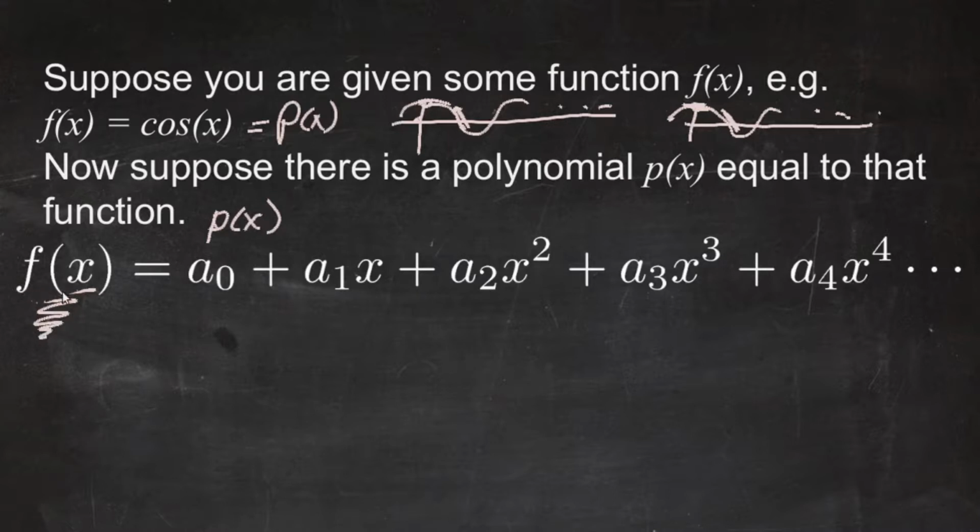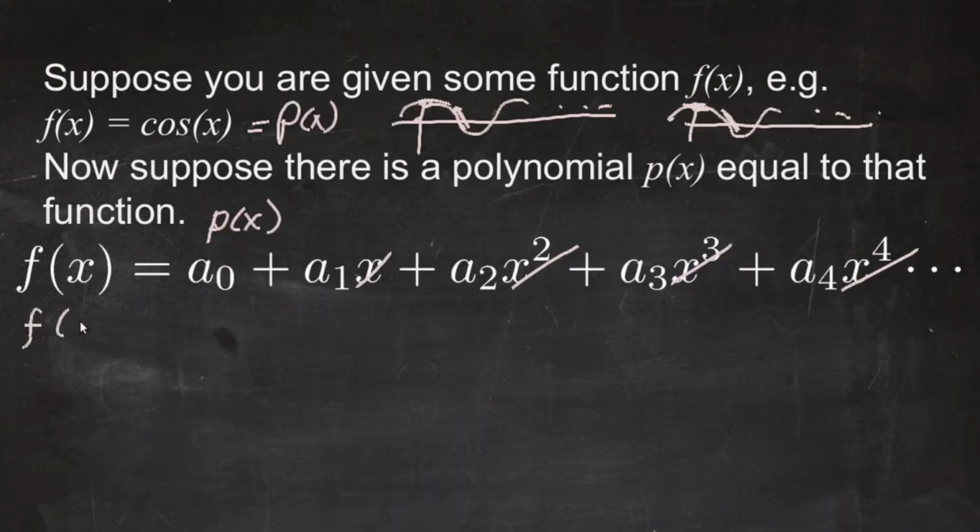Well, is there something I could do that would tell me what a0 is? What happens if I evaluate this function f of x at x equals 0? Then I have 0 squared, 0 cubed, 0 to the fourth, and I know 0 to any power is going to give me 0, so all these terms are 0. But here I just get a0.